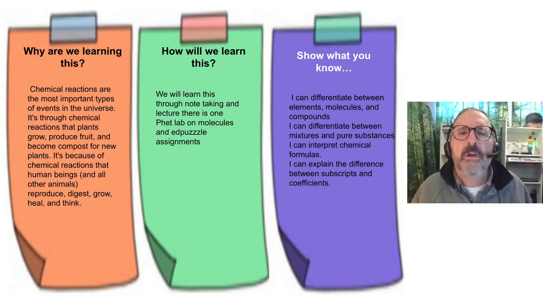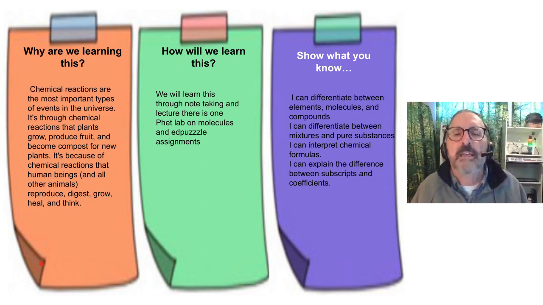Okay, so it's chemical reactions that make plants grow, produce fruit, and become compost for new plants. It's because of chemical reactions that human beings and all other animals reproduce, digest, grow, heal and think.